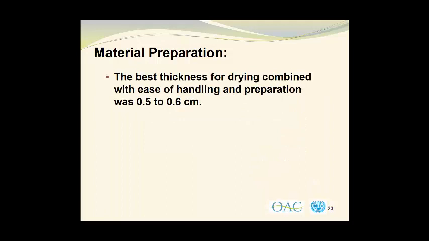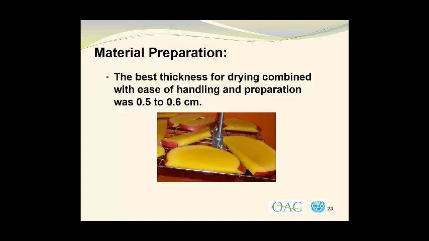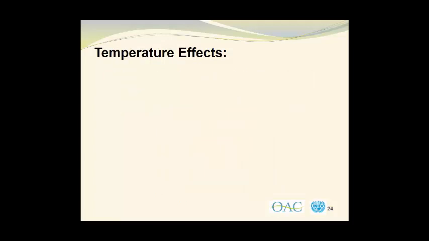The best thickness for drying, combined with ease of handling and preparation, was found to be 0.5 to 0.6 centimeters, or 5 to 6 millimeters. Here you can see the example of some mango slices in a dryer that are approximately 0.6 centimeters thick. And it should be noted that the peels were left on the mangoes here for testing purposes. Normally, they would be removed.